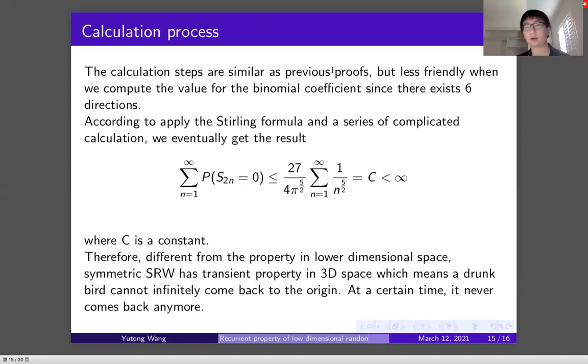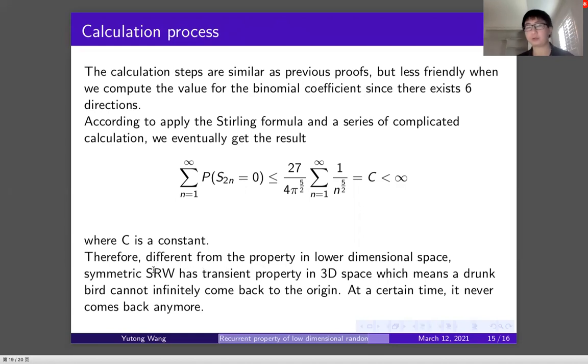The calculation steps are similar to the previous, but the calculation process is much more difficult because there are 6 directions, so at least 3 variables in the binomial. Here we just directly give the result of the sum of p, which by the p-series test is convergent to a constant less than infinity.